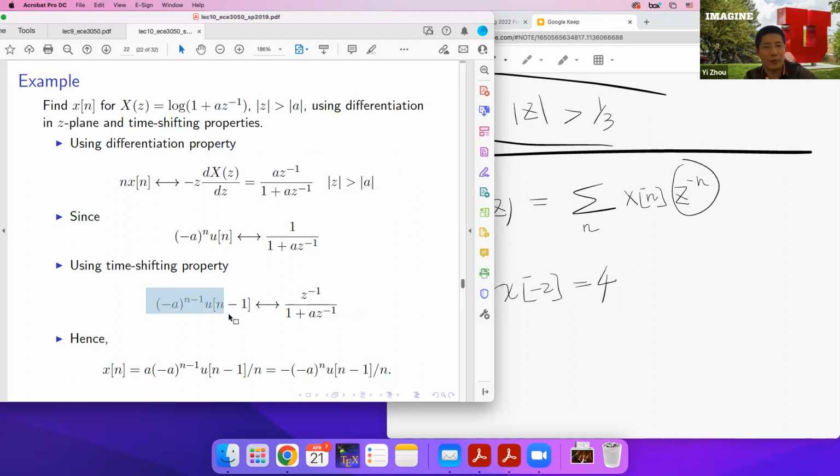It's basically this one multiplied by a, and then in the end you need to divide it by n. So that's what you get in the end. So this one is a combination of differentiation in the Z domain and the time shifting property.